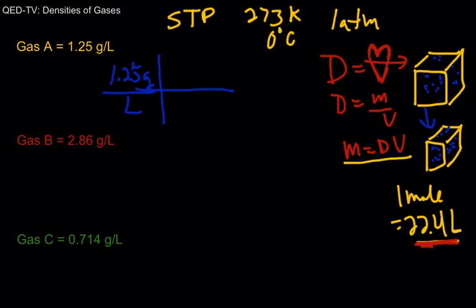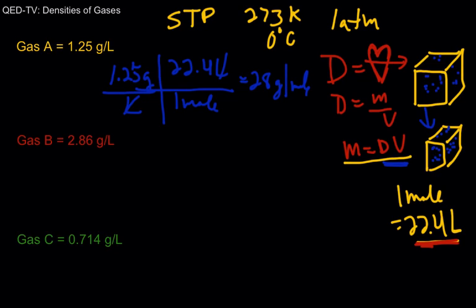I'm going to take it times the volume, according to this, times 22.4 liters, see? And that actually would be liters per 1 mole. And so my liters would cancel out. My units are in grams per mole, which of course is the units for molar mass. So if I do the math on that one, I get 28 grams per mole.